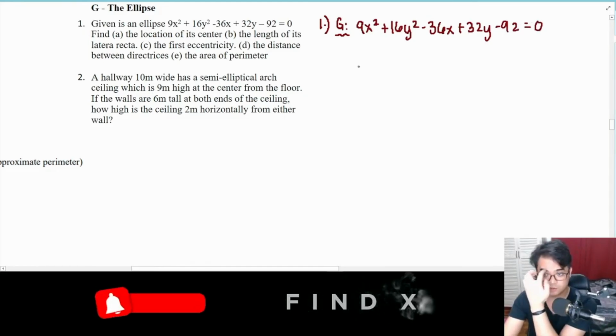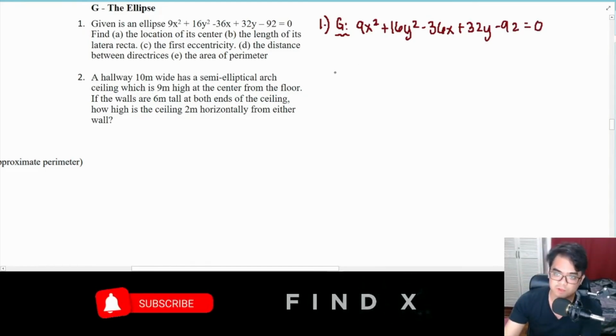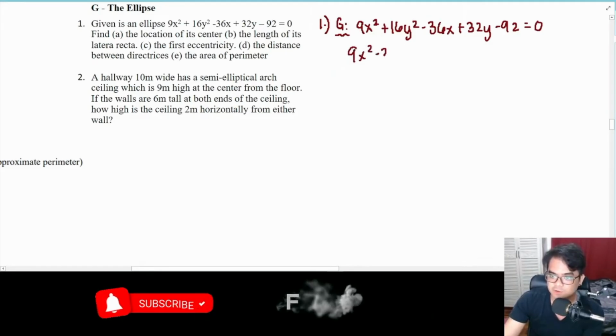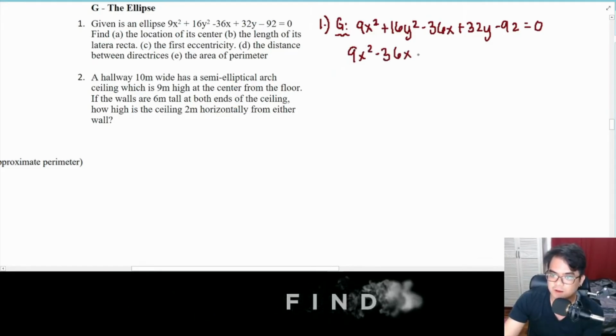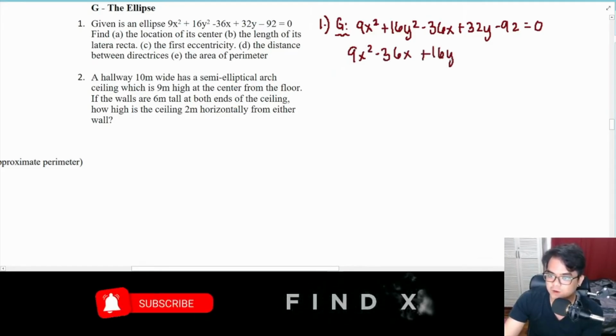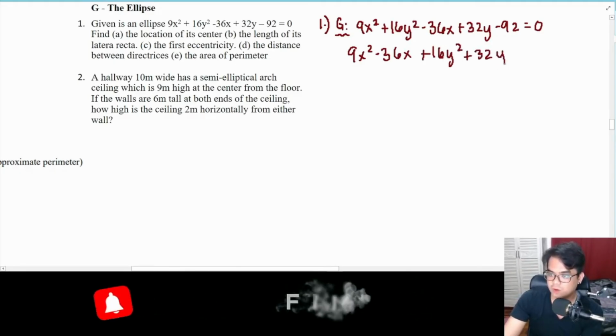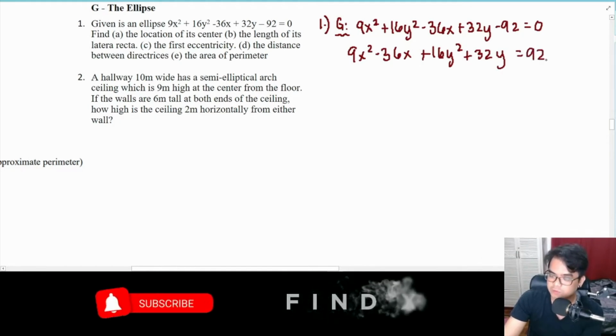Okay? And then we'll just do the same thing as with the circle. Okay? So group all the x first, minus 36x, plus 16y squared plus 32y equal to 92. Okay?